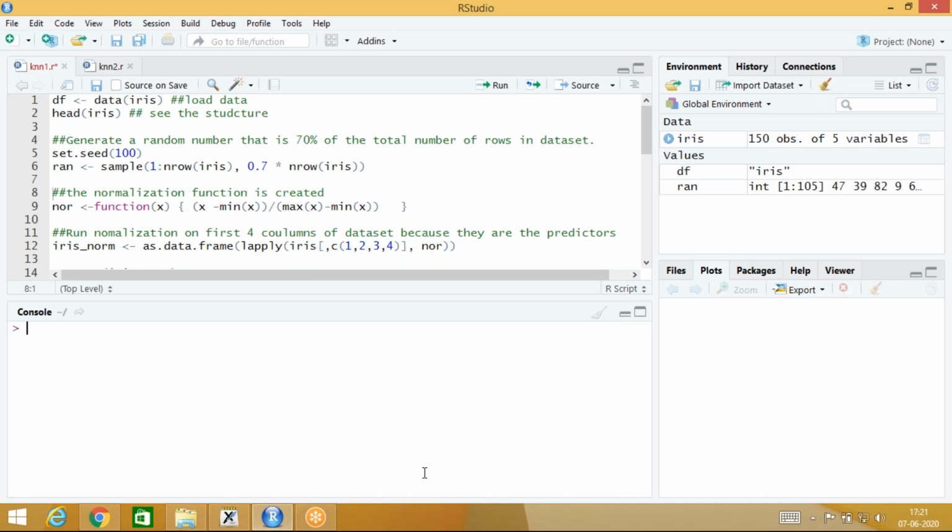Okay. Anyways, doesn't matter. So now what I will do, I will write a normalize function. This is a function called normalize function, which will normalize the data. The input of the function is x, and the output of the function is x minus minimum of x by maximum of x minus minimum of x. This is a function that I define.